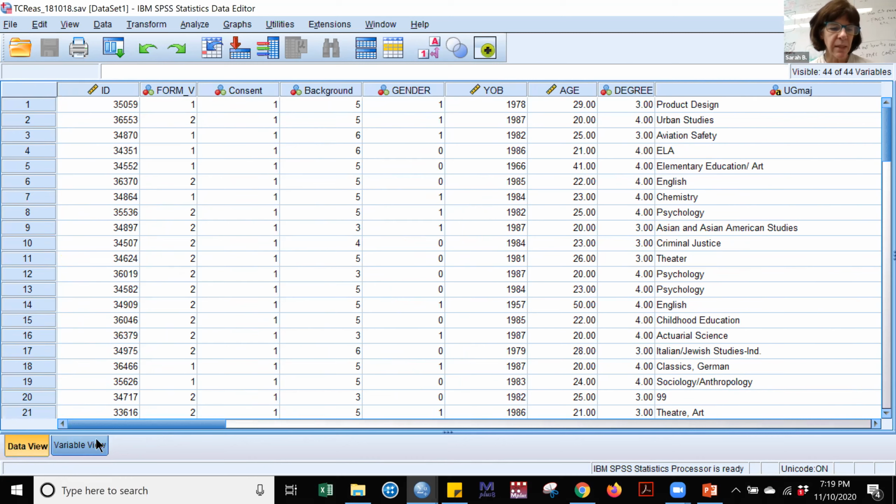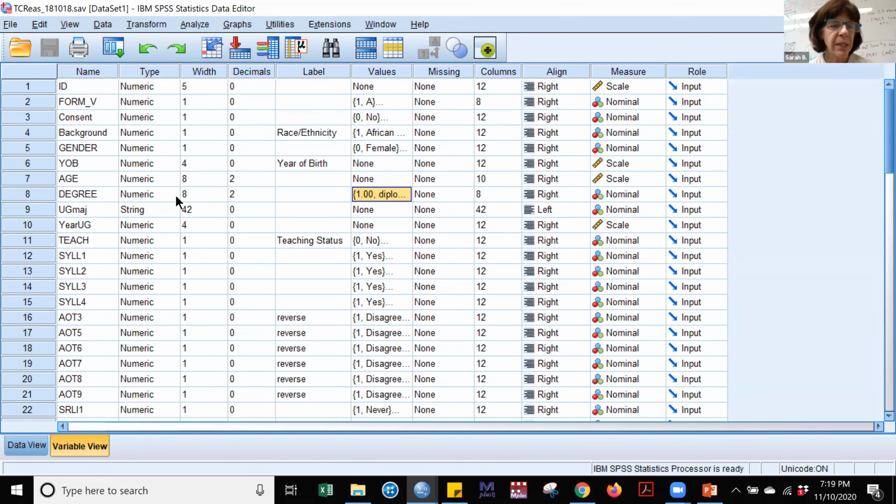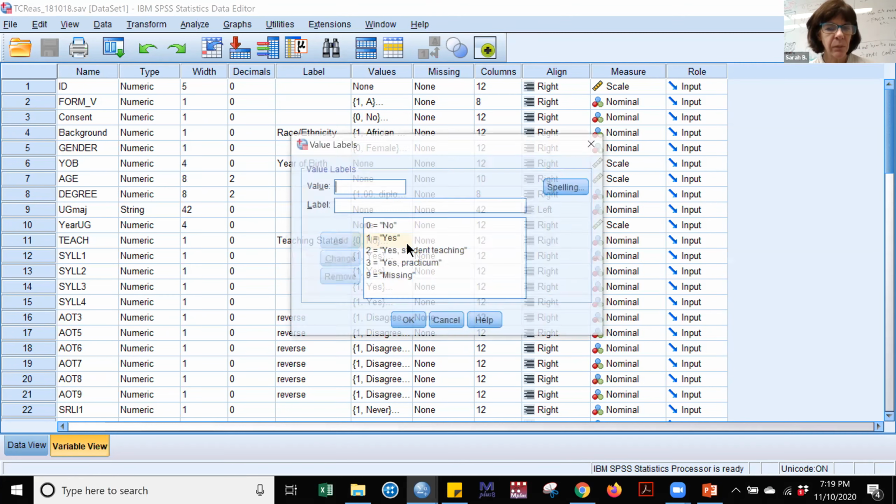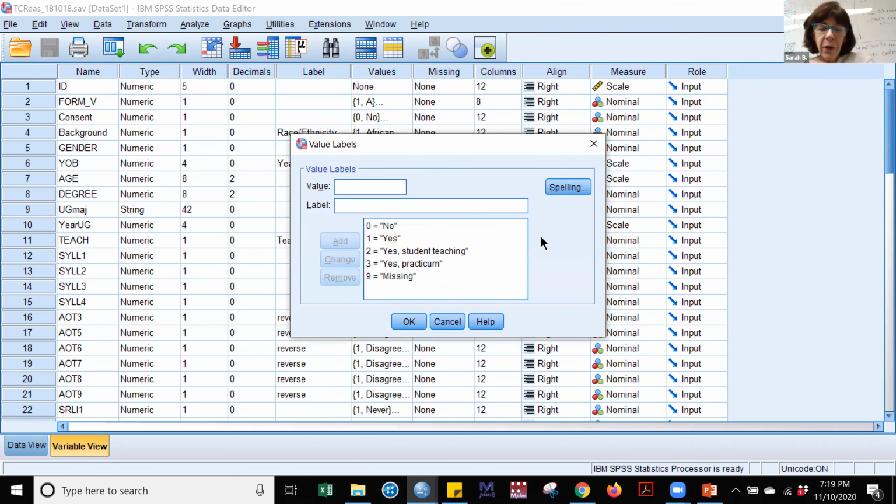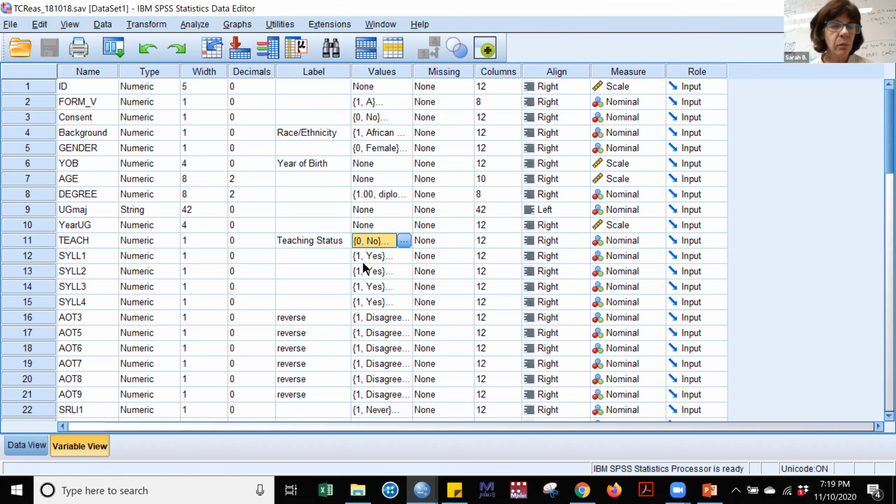It's really SPSS, not statistics. But string variables, just for your information, are text. And then whether they're a teacher or not, with various more categories than you would sometimes see. It's not just yes, no, but it includes student teaching and practicum.